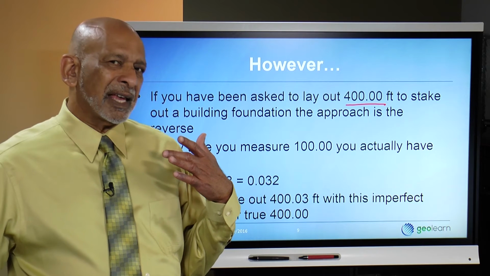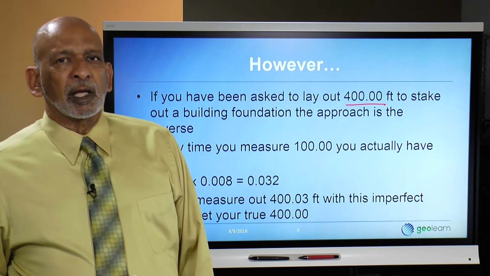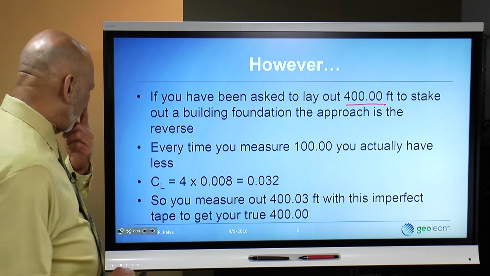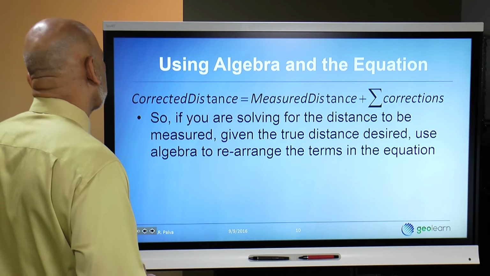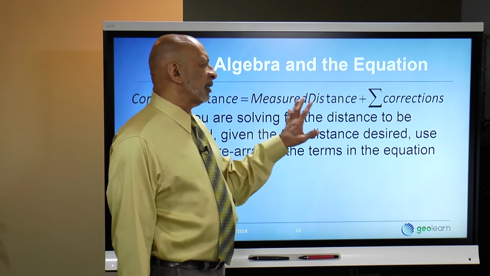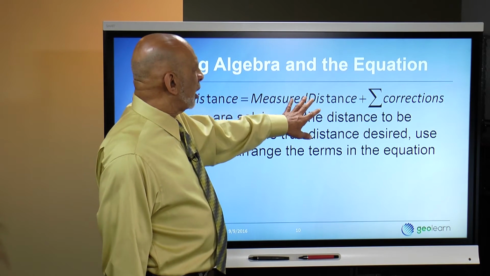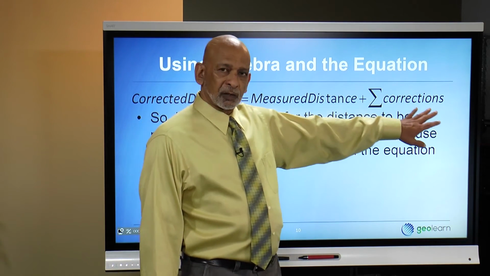So this is the exact opposite of the previous problem I worked in terms of applying the signs. And you go, well, is there a systematic way to understand this? Well, yes, there is. In the first problem I worked, we were solving for the corrected distance, knowing our measured distance, and we computed what the correction should be, and the correction turned out to be negative.